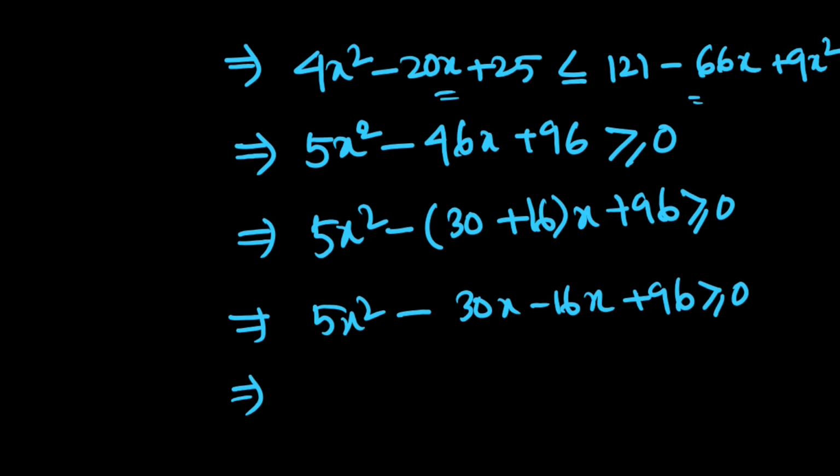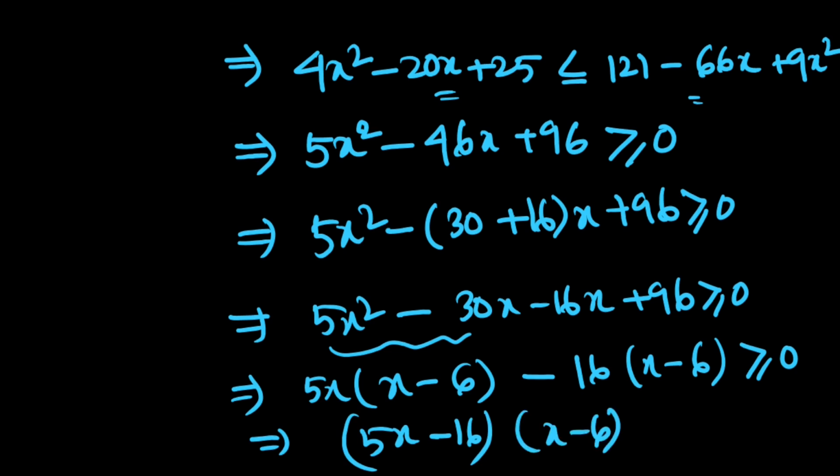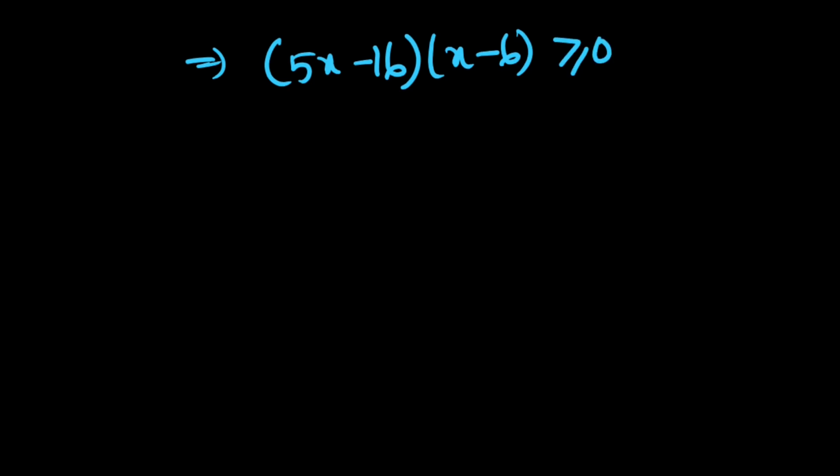So in this term we take 5x common, that is 5x times (x minus 6), and in this term minus 16 is taken common, so minus 16 times (x minus 6) is greater than or equal to 0. This implies (5x minus 16)(x minus 6) is greater than or equal to 0. Therefore we got these two factors, (5x minus 16) into (x minus 6) is greater than or equal to 0.